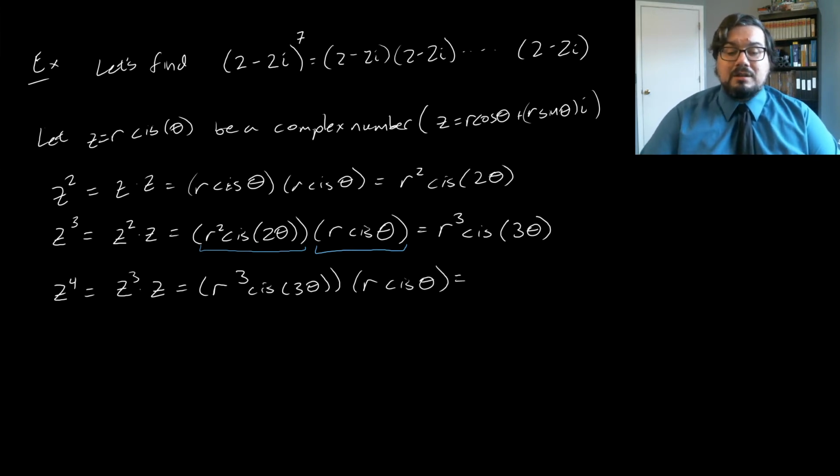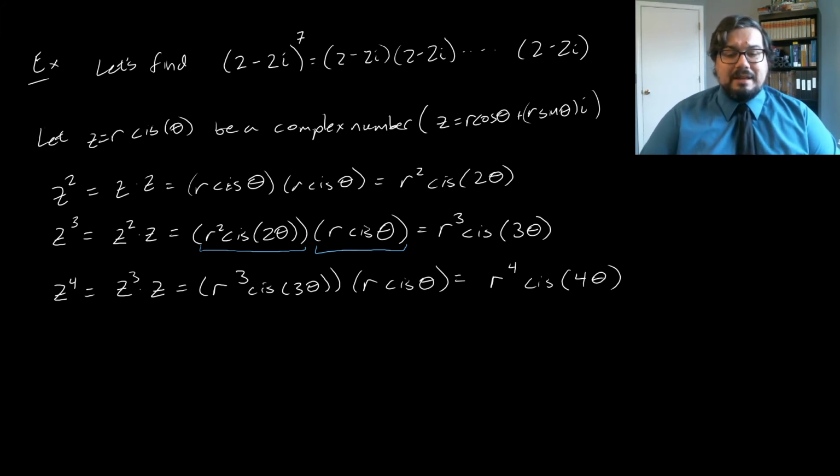And so their product will be r cubed times r, which is r to the fourth, CIS, and then 3 theta plus theta, which is 4 theta. And we can see that the pattern is continuing. z to the fourth is r to the fourth CIS 4 theta.